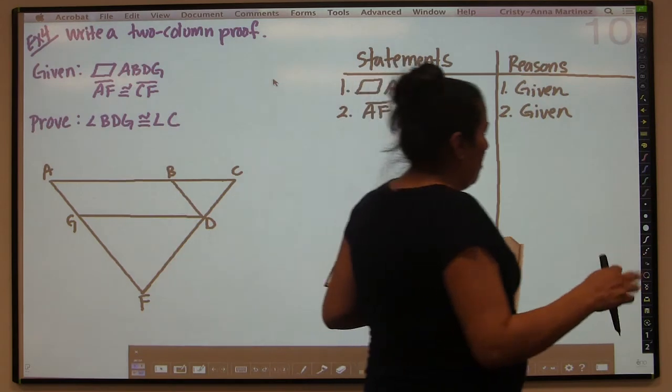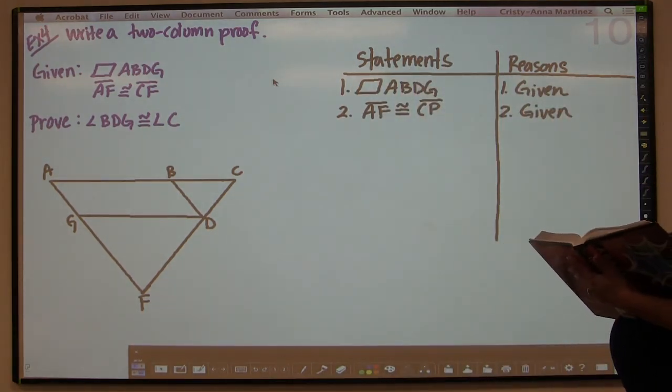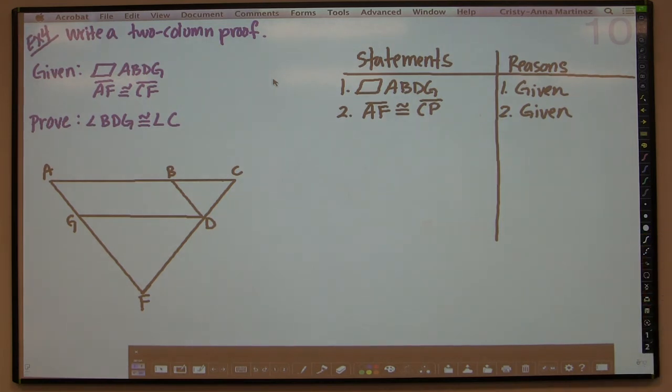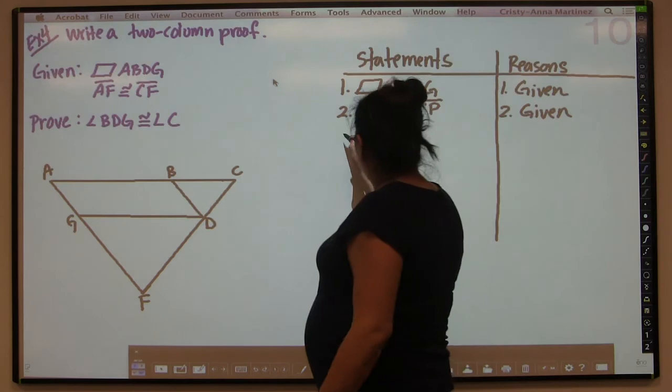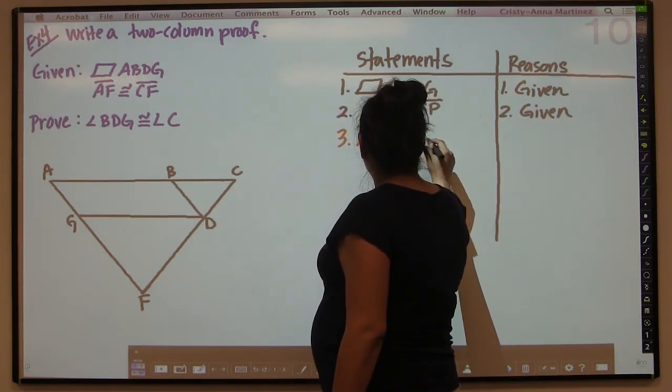So what we have in our proof over here, statements and reasons, we start off by saying that ABCD. Why did I say ABCD? ABDG. Alrighty. We know that ABDG is a parallelogram. And in a parallelogram, we know that opposite angles are congruent. So over here we're going to put angle BDG.